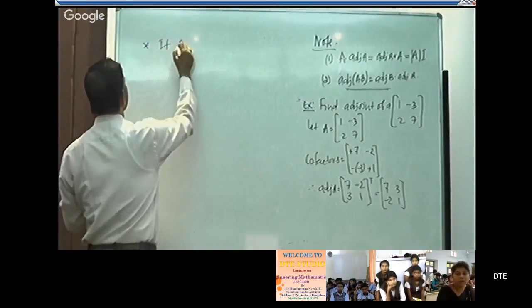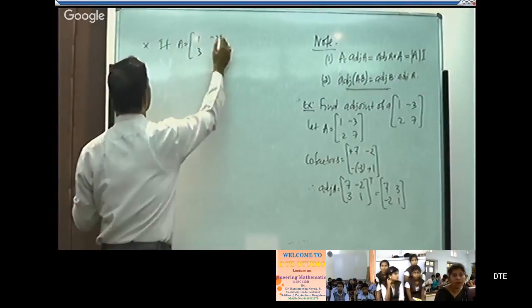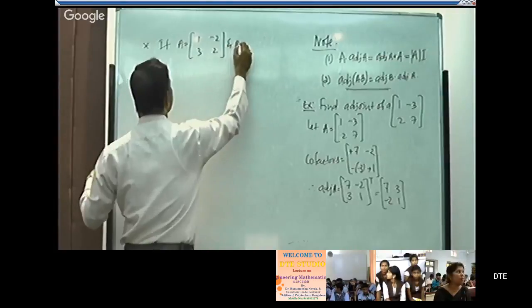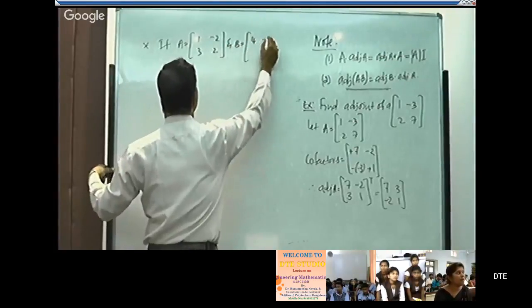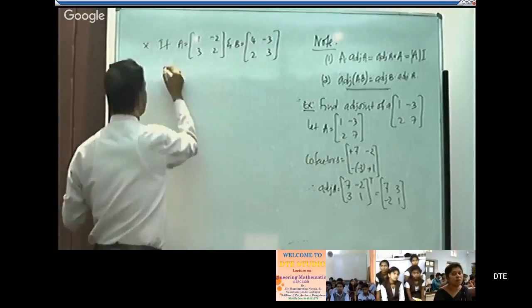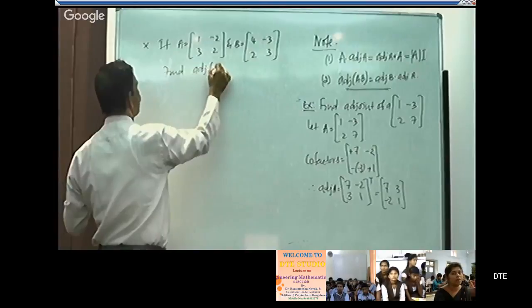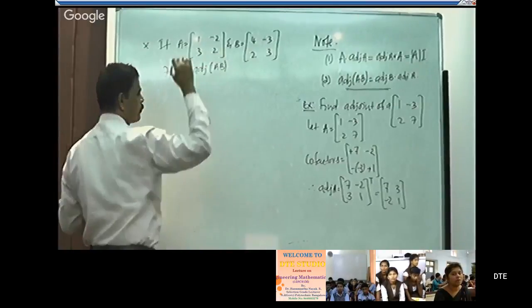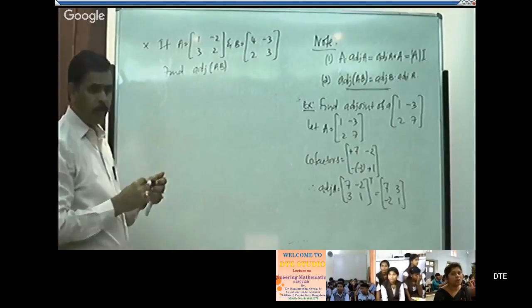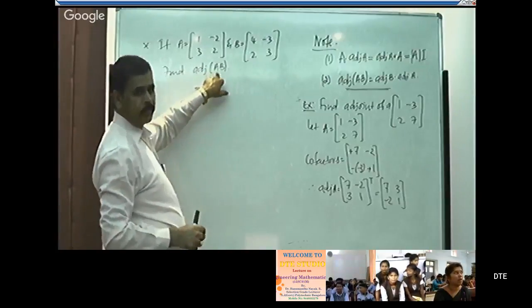If A is equal to 1, minus 2, 3, 2 and B is equal to 4, minus 3, 2, 3, find the adjoint of AB. We can get the adjoint of AB in two ways.